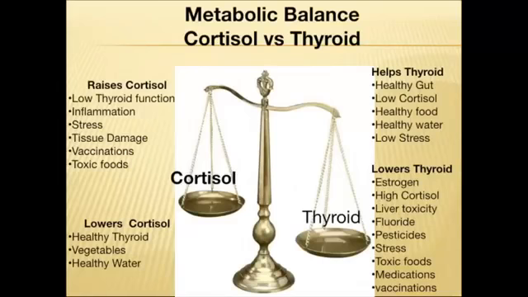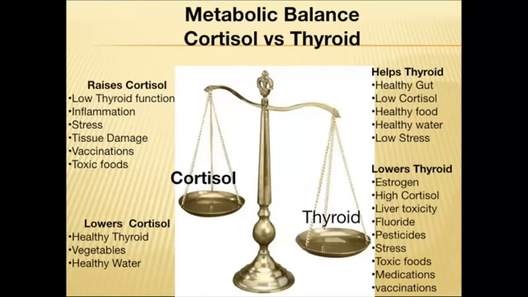Okay, can you see this? I'm going to say this a couple of times because this is hugely important. We've got this balance. So let's look at it a little bit differently. What causes oxidative stress in the body? Well, estrogen. We're talking liver toxicity, fluoride, pesticides, stress, toxic food, medications.